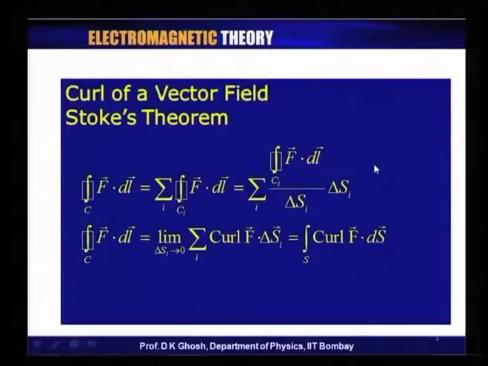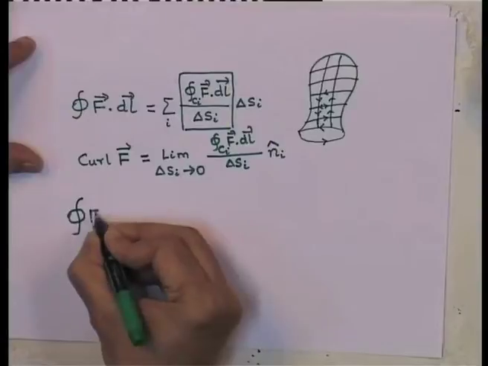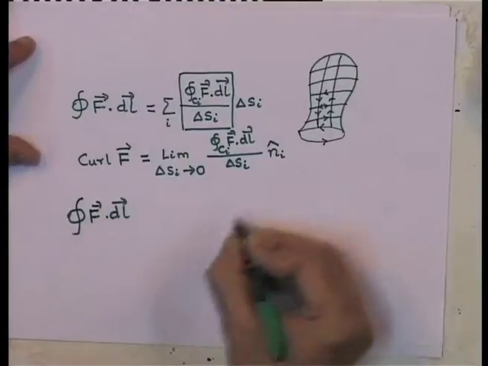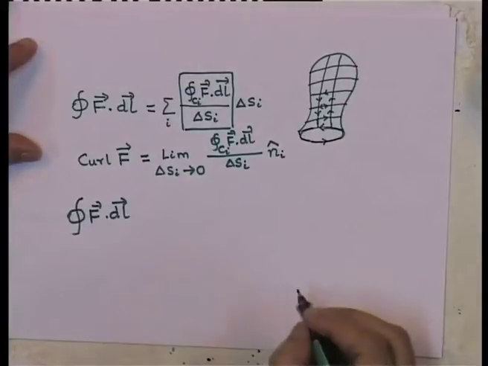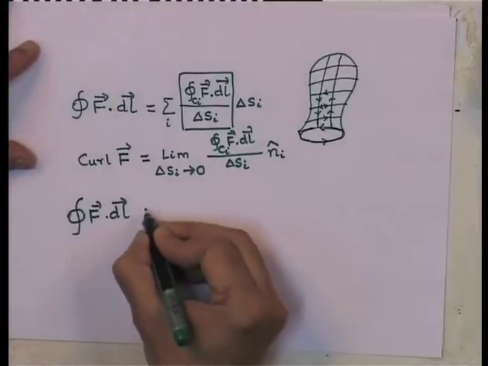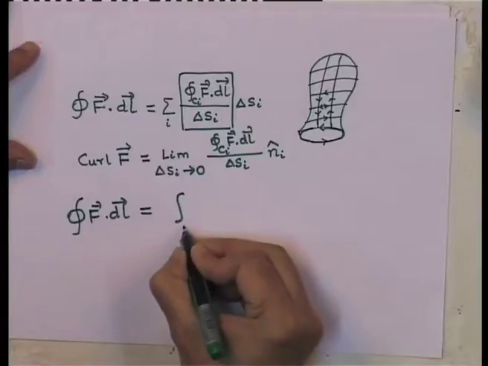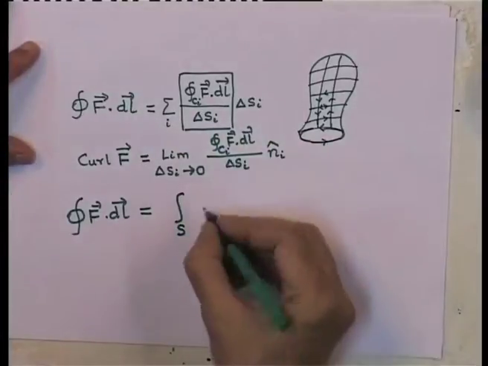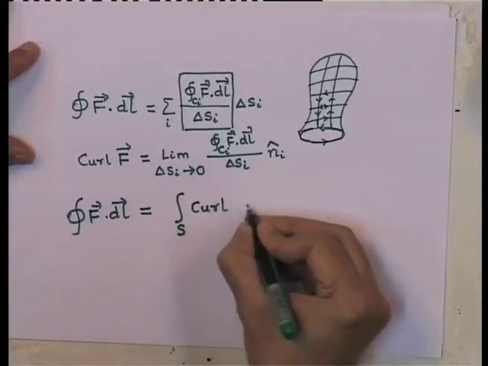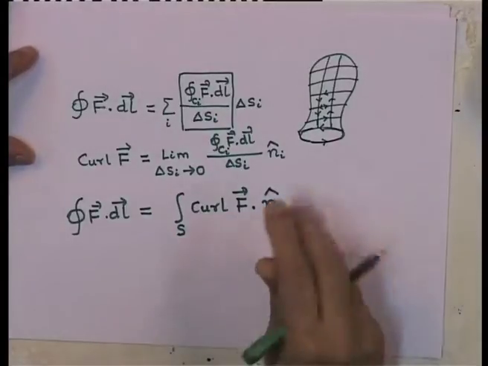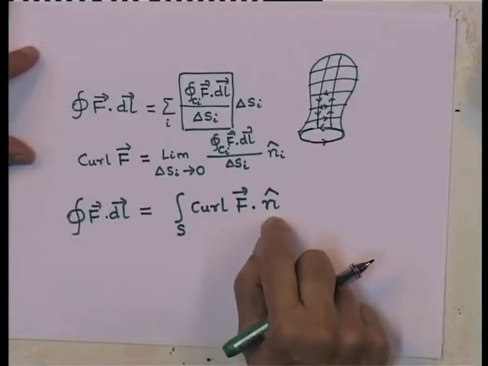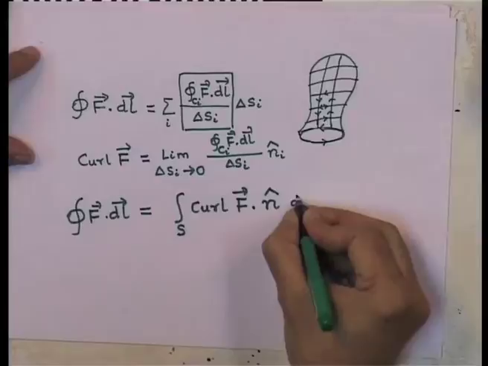Now, with this definition, you can easily see that what I have done is to write the total integral over the contour which defines the surface, the bounding contour of the surface, as equal to the integral over the entire surface, which is obtained by adding them over, of curl of f dotted with n, which is the direction of the normal vector at a point, times the surface element.